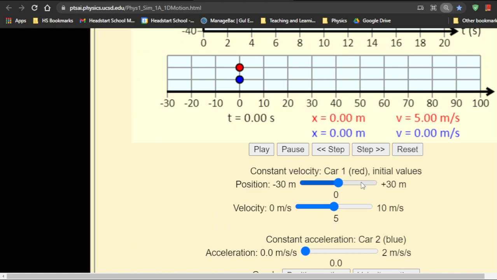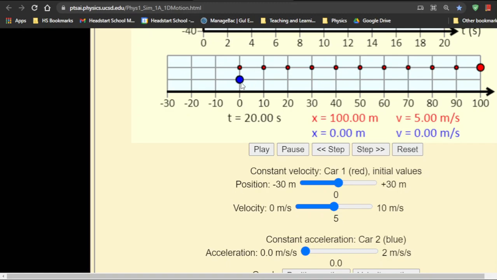Okay, so I'll play it out, and you'll see that the red car moves at a certain pace, and it seems like it covers equal intervals of length in equal intervals of time, whereas the blue dot stays stationary.